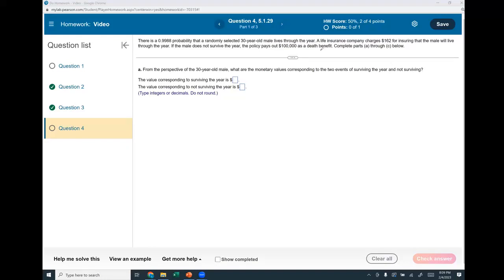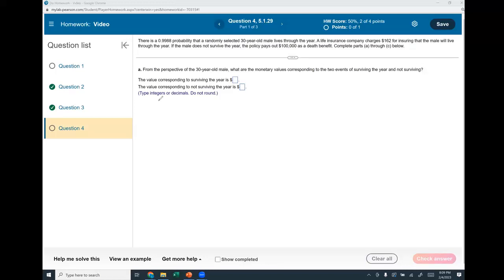A life insurance company charges $162 for ensuring that the male will live through the year. If the male does not survive, the policy pays out $100,000 as a death benefit. So, from the perspective of the 30-year-old male, what are the monetary values corresponding to the two events of surviving the year and not surviving the year?